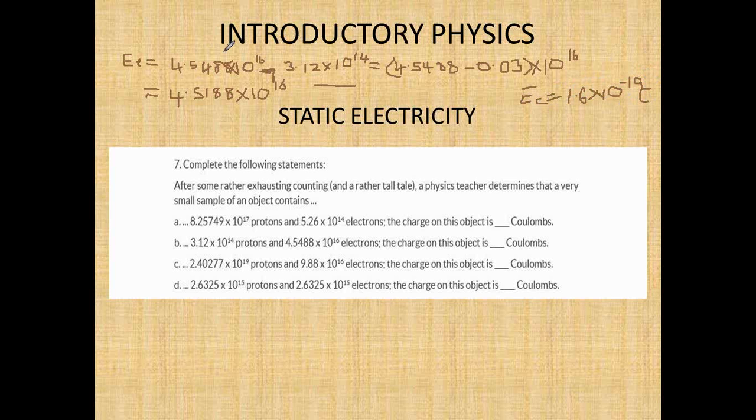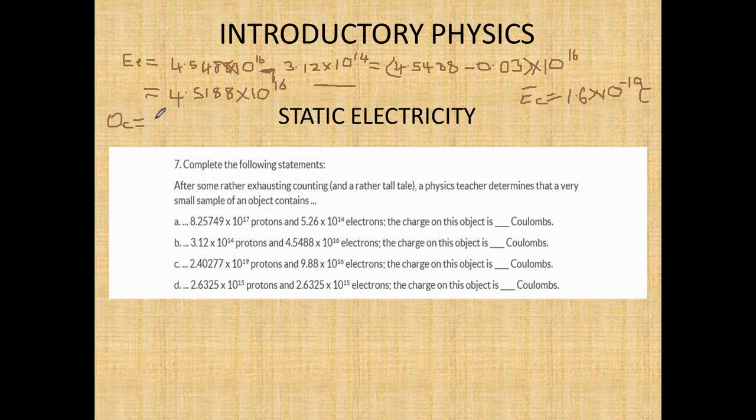So if you have this many electrons, the charge on the object, OC, the overall charge on the object, is equal to the number of electrons times the charge on each electron.